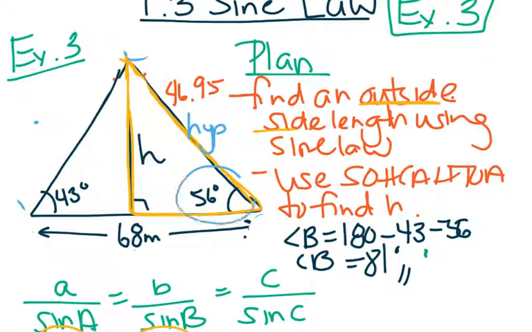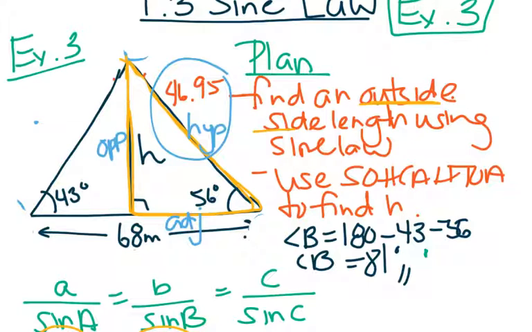Here's our angle, so we go across, and that gives us the opposite. So we've got opposite here, and adjacent here. If we write our list, we have the hypotenuse, we have the angle, and we need opposite. That's what we're going to write underneath.